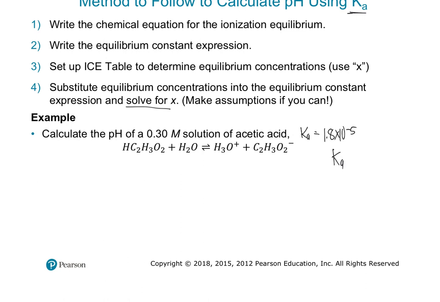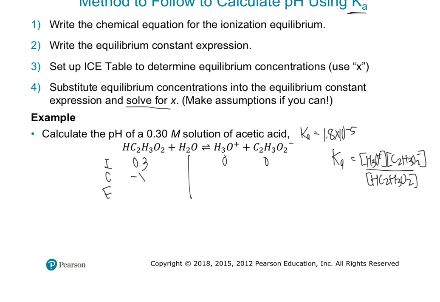Okay, so the Ka expression is products over reactants, so hydronium times acetate divided by acetic acid. Great. And so then we'll set up our ice table. So I have 0.3 molar here, 0 and 0.